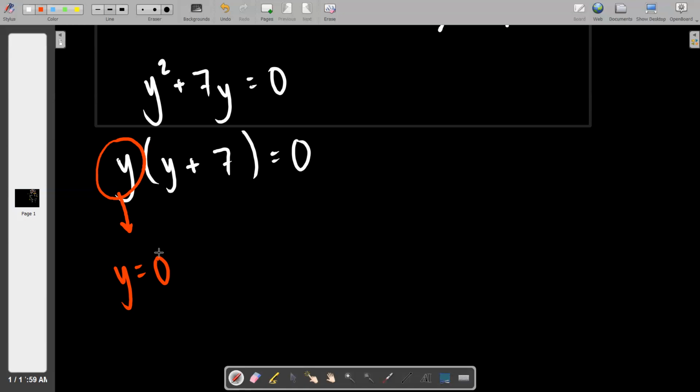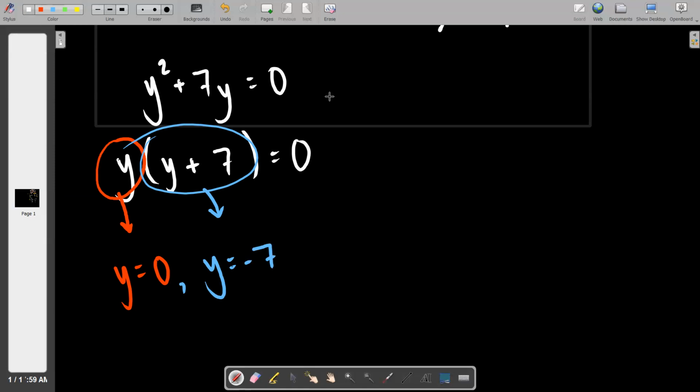If you put in 1 or anything else, it's not. What I have circled in red is called a factor, and you need it to equal 0. What makes my blue circled factor equal 0? Just like you're used to, -7.